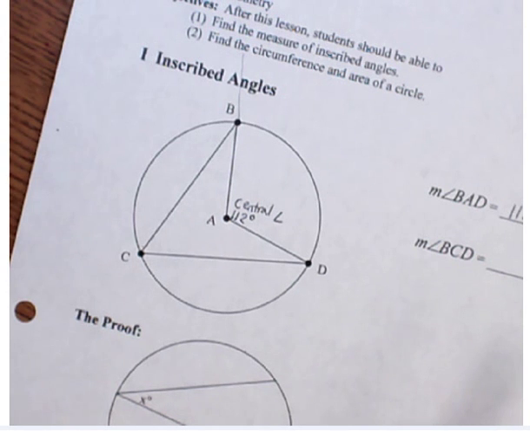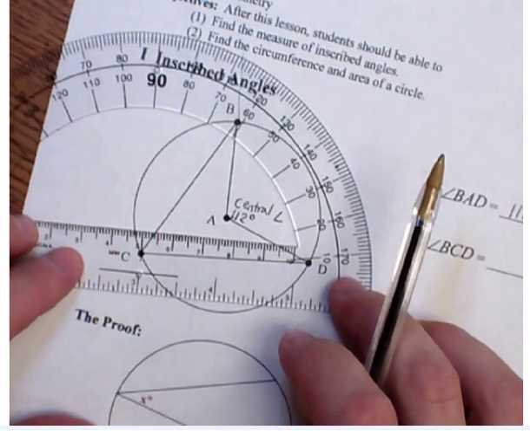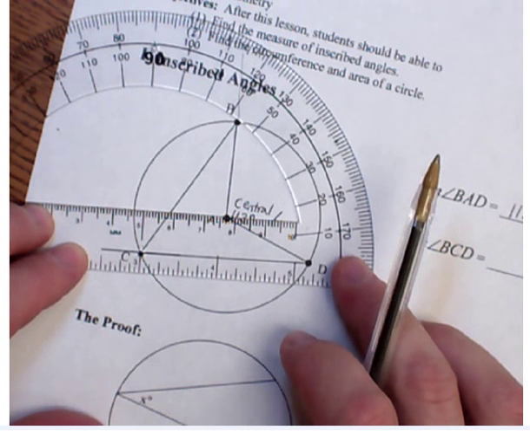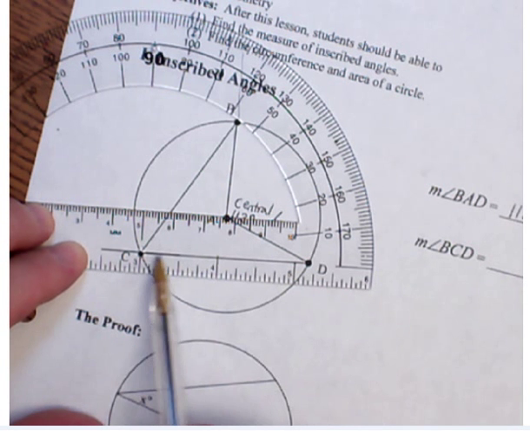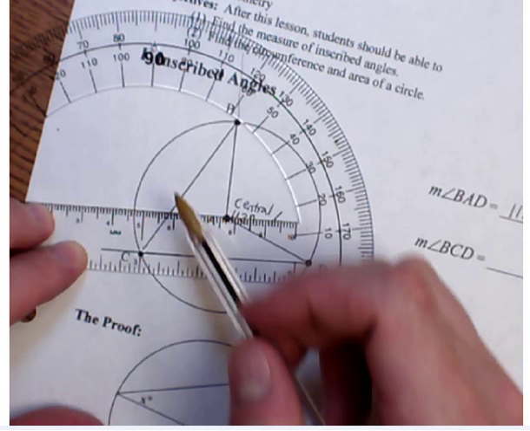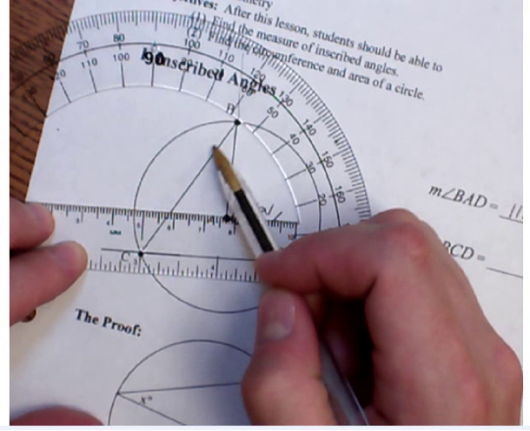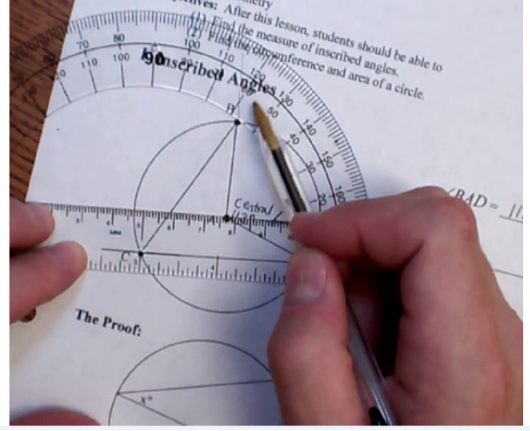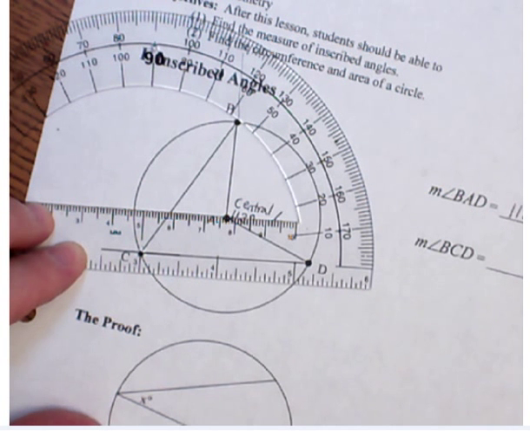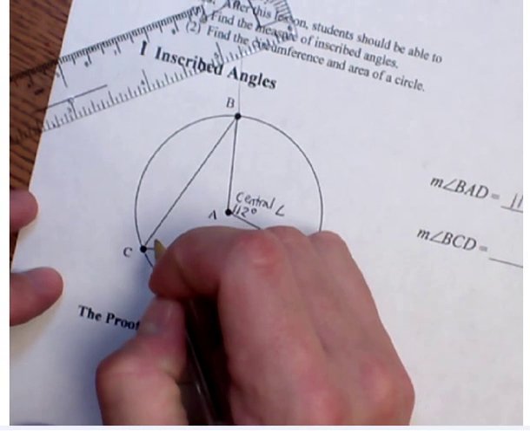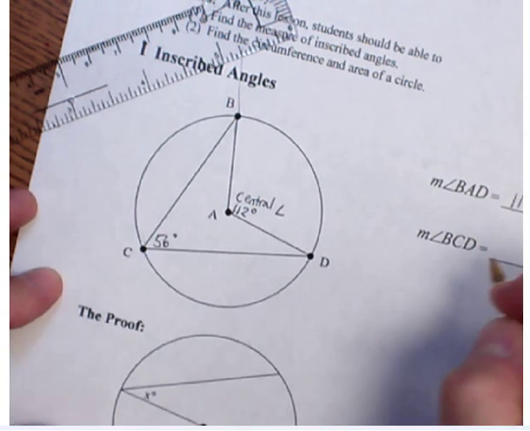I'm going to take the protractor again and put it on the vertex, point C. I'm going to line up the bottom part of the protractor with this side of the angle. Now, CB, where does that hit the protractor? That's about 56 degrees, I would say. Let's write that in here, 56 degrees.